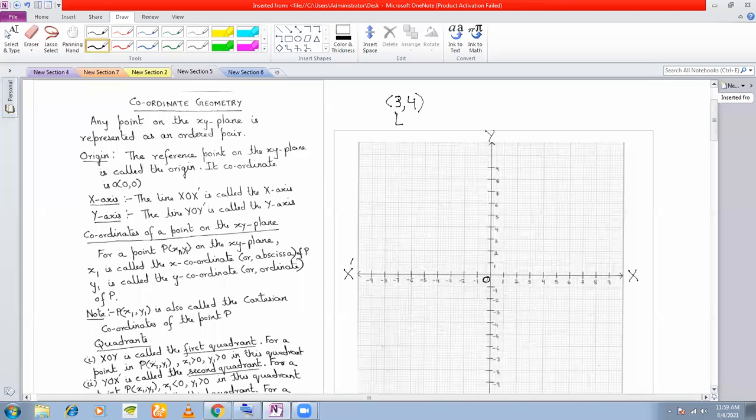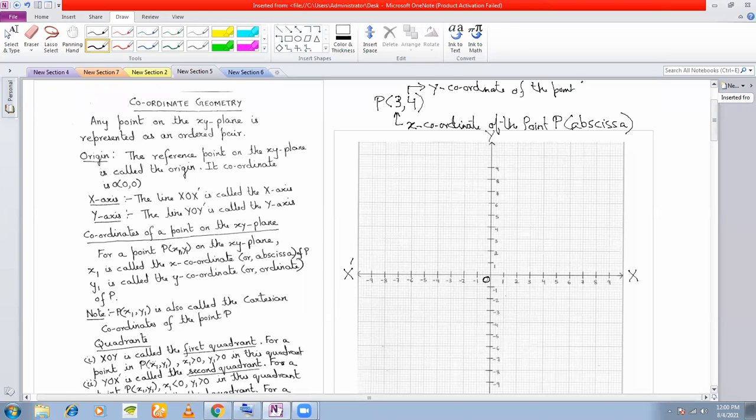See, this is called the x coordinate of the point. Let's call this point P. This is called the x coordinate of the point P, and this is called the y coordinate of the point P. The x coordinate is sometimes called the abscissa.